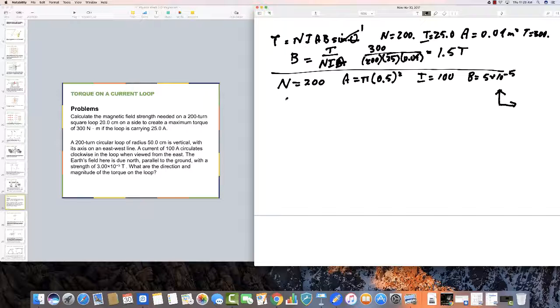So if it asks for the torque, it's going to be equal to 200 times 100 times pi times 0.5 squared times 5 times 10 to the minus 5.